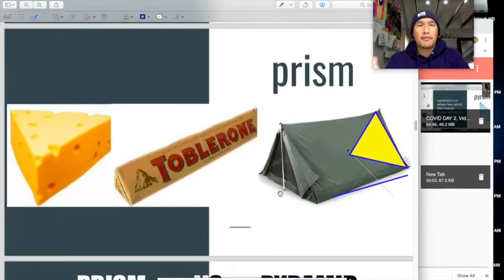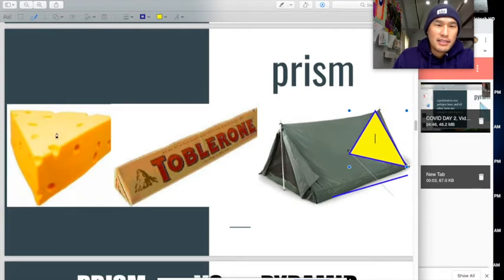So here's a couple of examples in real life where you actually see a triangular prism. There's a hunk of cheese, a bar of Toblerone, which is one of my favorite chocolates, and then also a tent, one of these old school tents. So where are the polygon bases? Well, this hunk of cheese, the bases are on the top and the bottom.